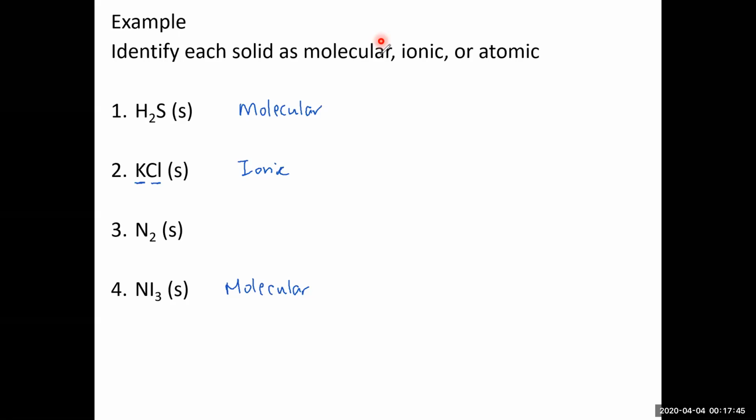That is, we can have atoms that are covalently bonded to each other as long as those are the same atom. So these nitrogens, because these nitrogens are the same atom, bonded by one covalent bond, this forms an atomic, or specifically a covalent atomic solid.